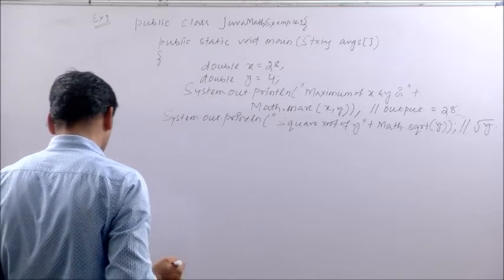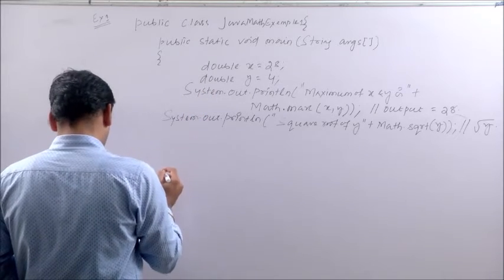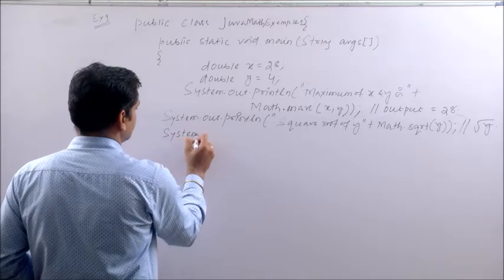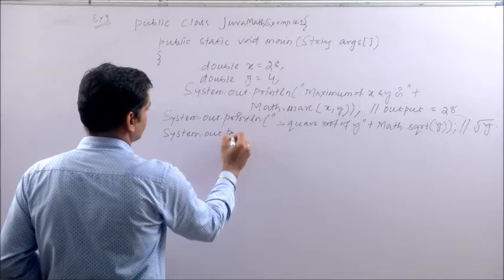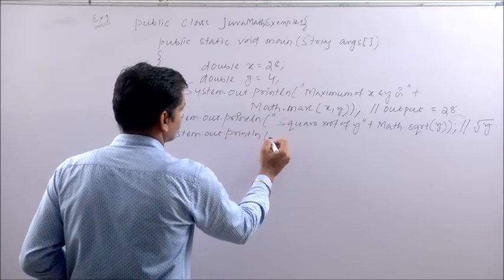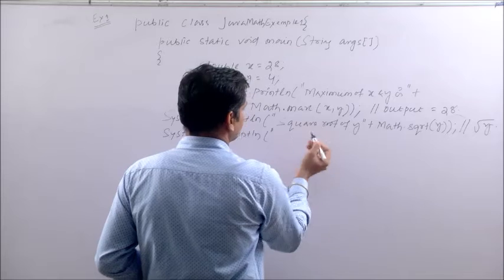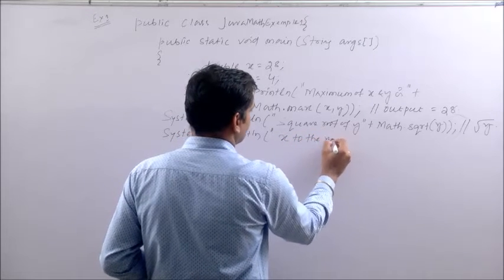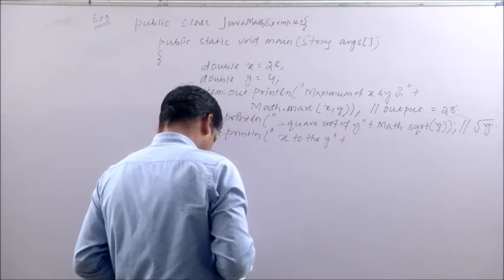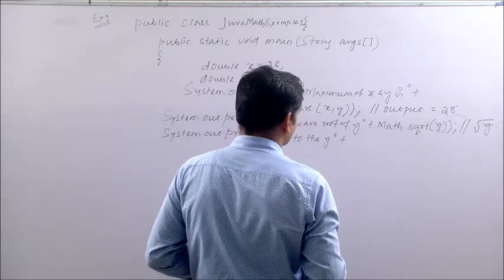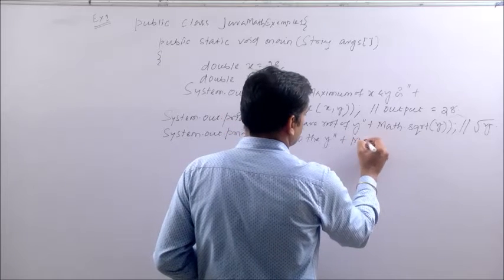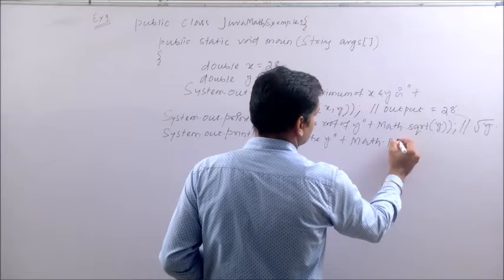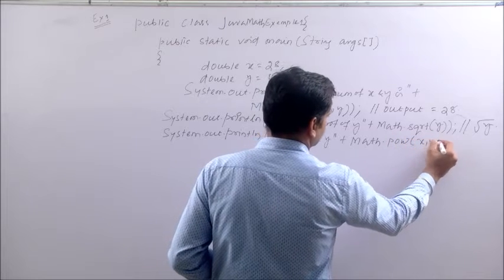Then the next method we will use is power. We can use this method like this. Suppose we want x to the power y. Then we call the method pow with x, y.